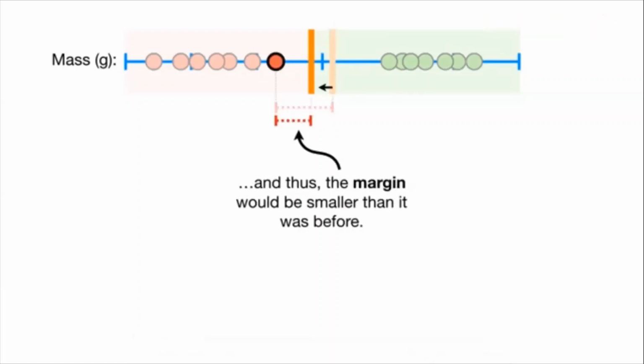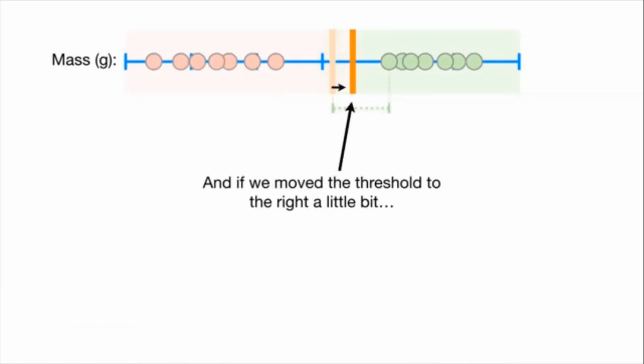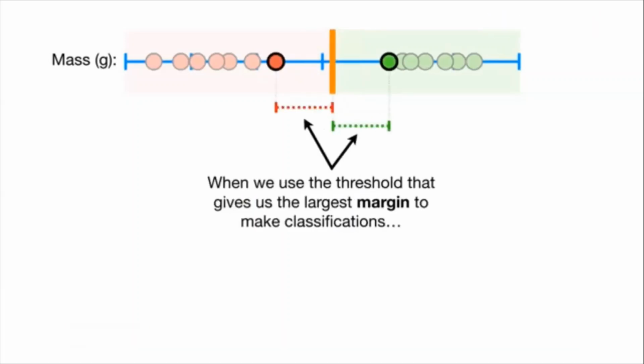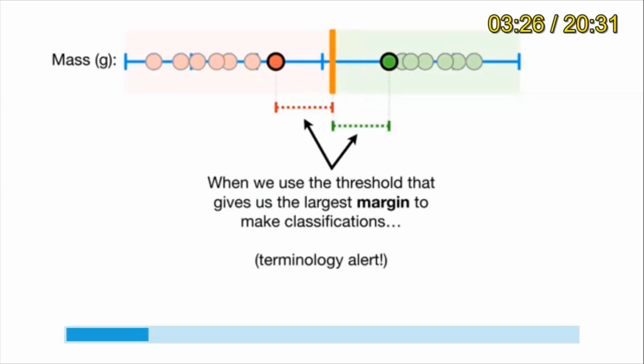What we have to do is expand the margin on both sides as much as possible. If we move it to the left, the margin with the not obese category is reduced, and if we move it to the right, the margin from the obese category will be less. So we choose the best one, which is the average of the two.